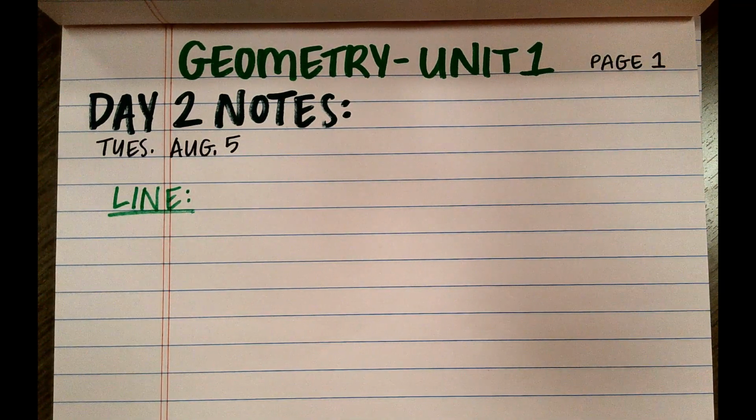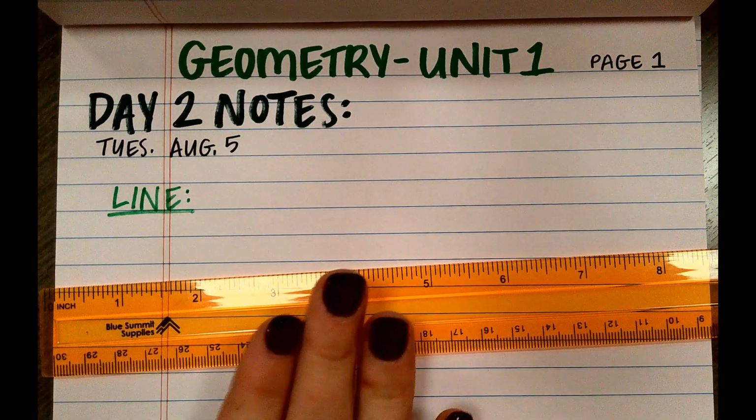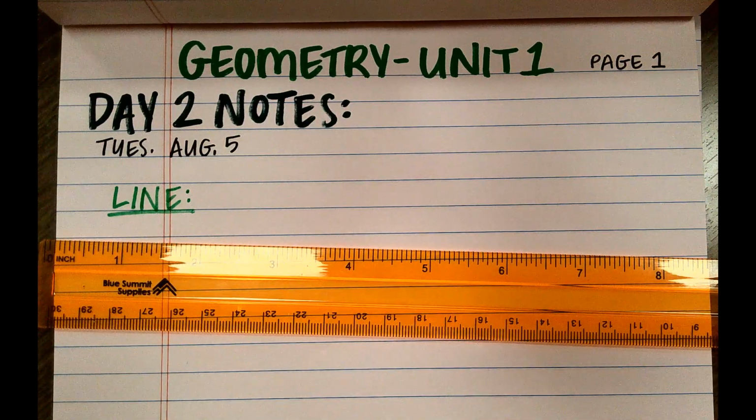A line, now these next few definitions I'm going to explain a little bit, but I think sometimes in geometry the best way to define something is to draw a picture for it. So make sure you've got your rulers out because we're going to want to draw some straight edges.